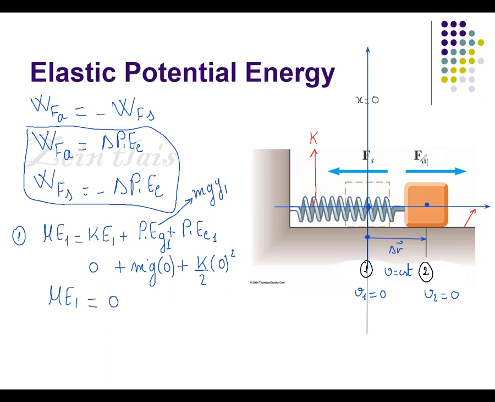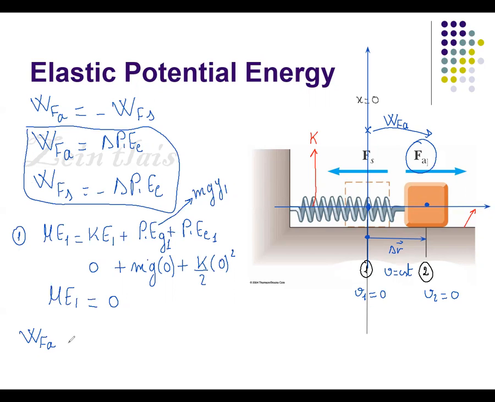Here we applied omega Fa between the initial point and the final point. So some quantity of energy, omega Fa, is consumed here, between the initial position and the final position. It's a positive value, so we add a quantity of energy to the system.